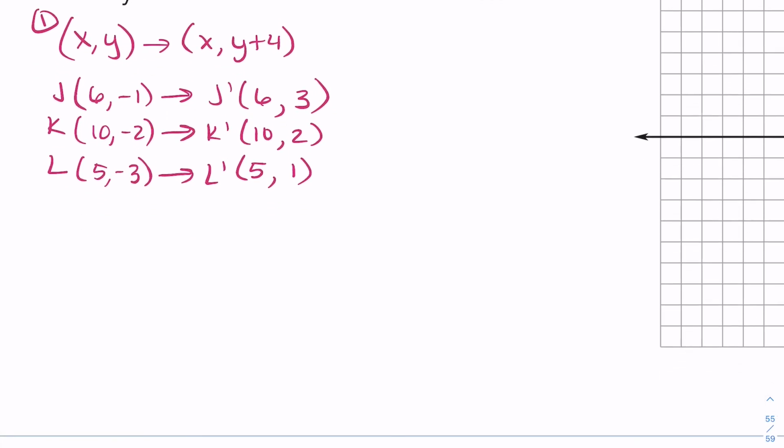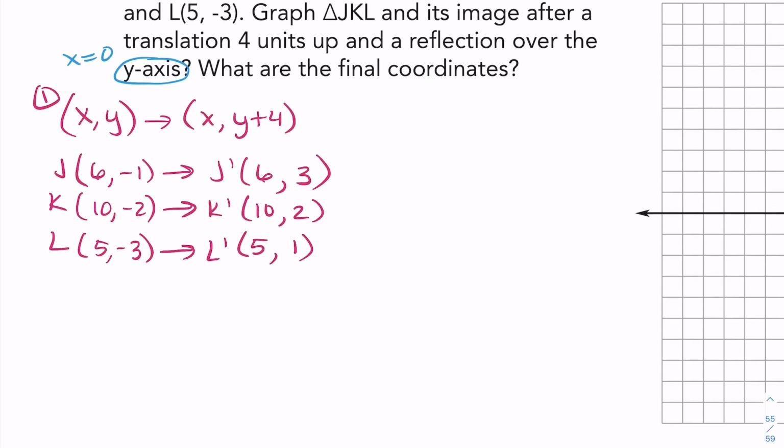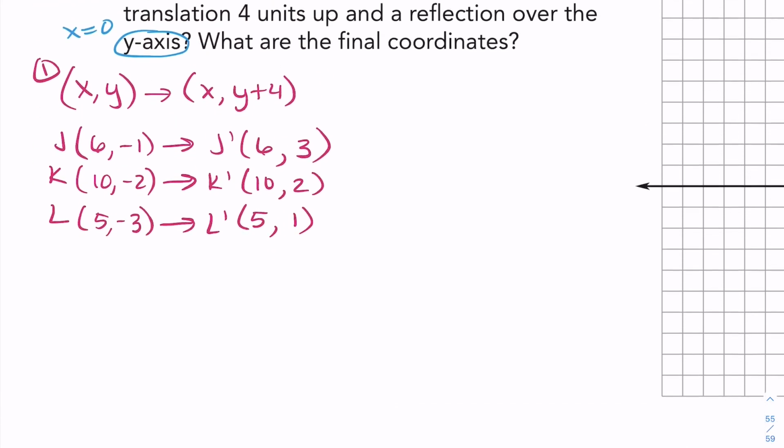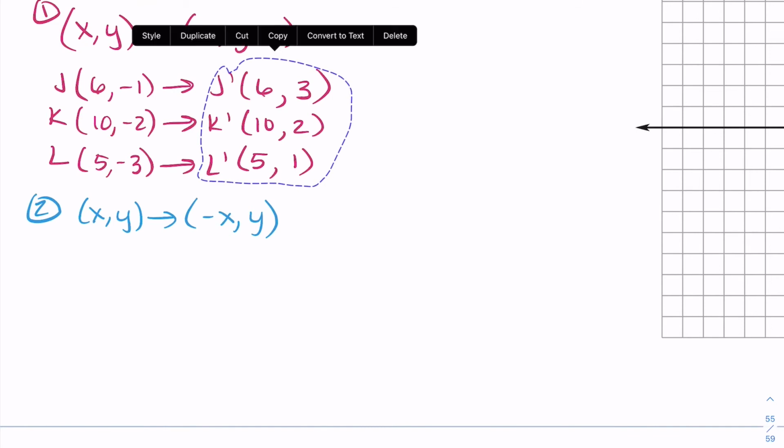And now a reflection over the y-axis. So the y-axis is the line x equals 0. So the reflection is over the x. The x's will be changing. So that reflection is x comma y maps onto opposite x comma same y. So now all of these are my new ones.